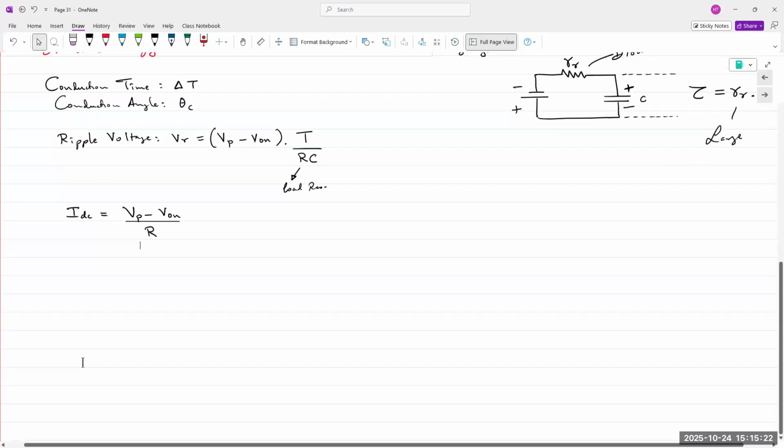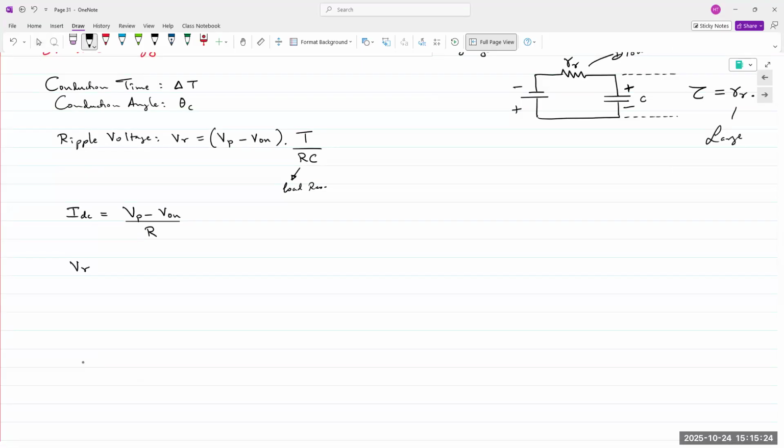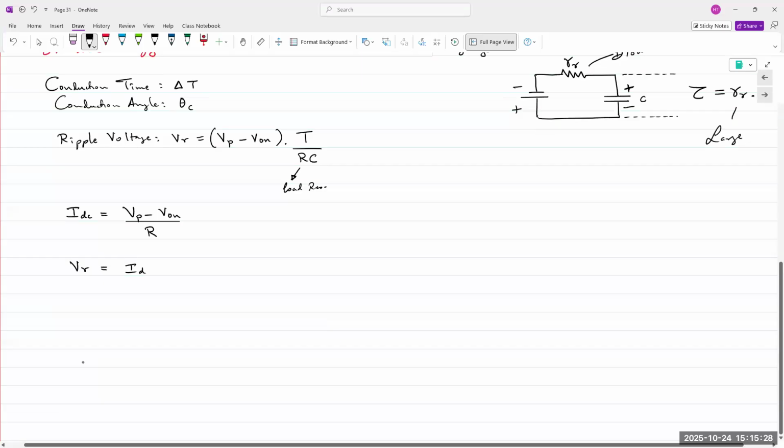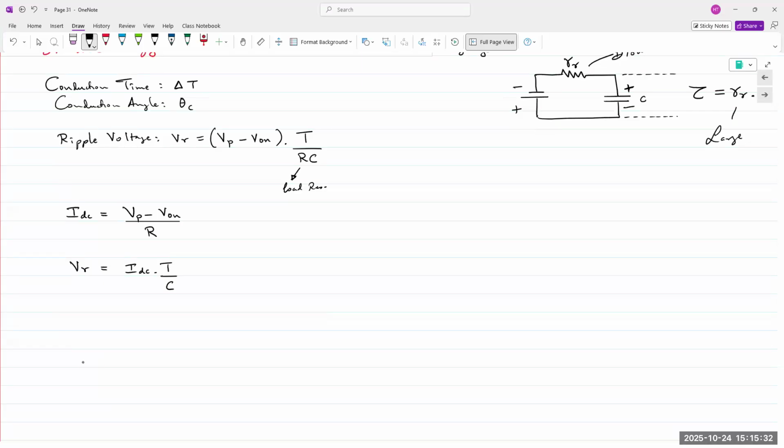In terms of voltage ripple, in terms of IDC, it can be written as IDC times the time period over the capacitor C. And from there, we can define the capacitor as having a size of IDC times T over VR.